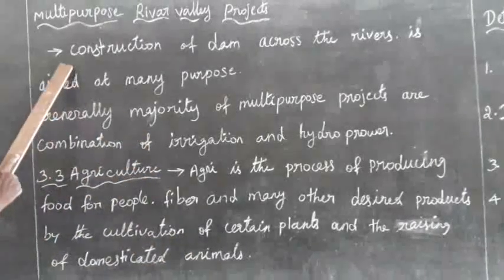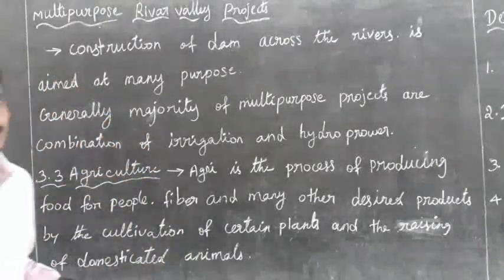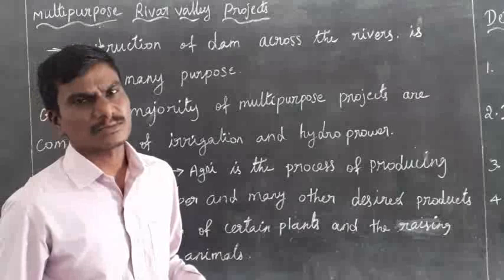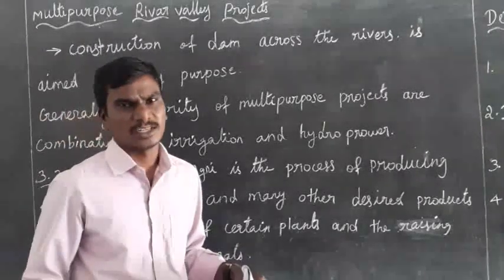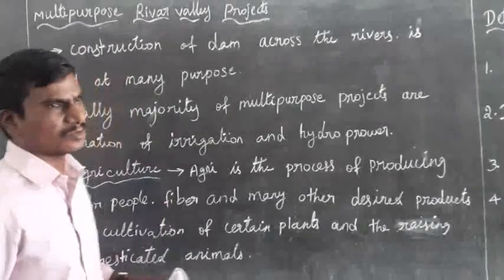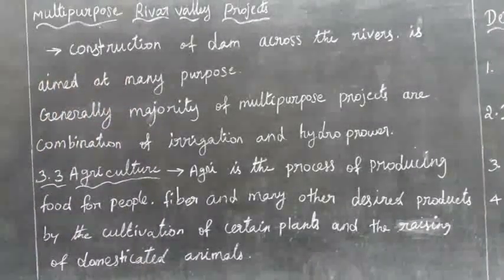Mainly it is the construction of dams across the rivers, like the Kaveri river, the construction of the dam at Mettur.